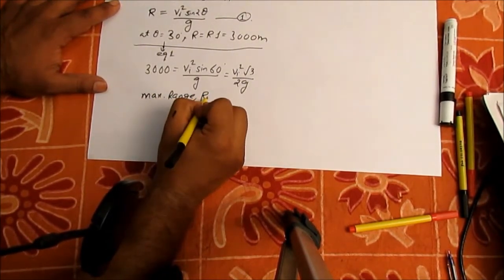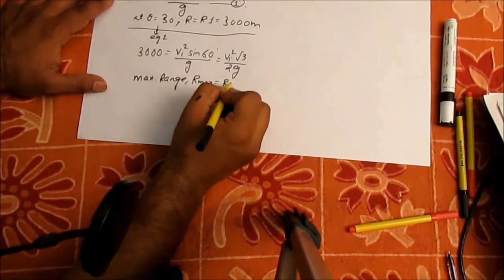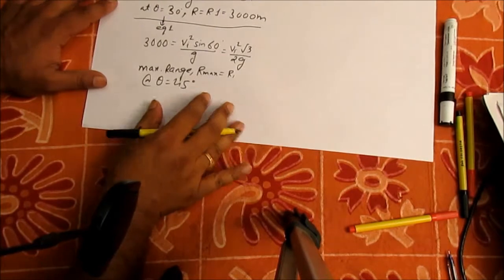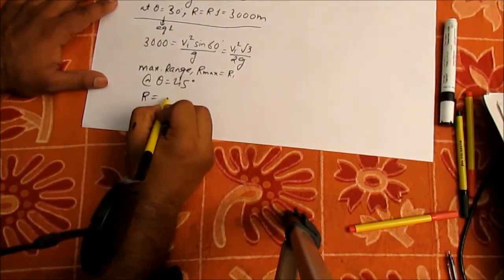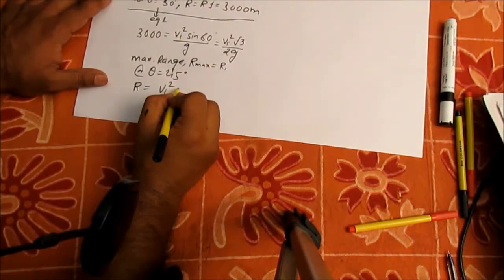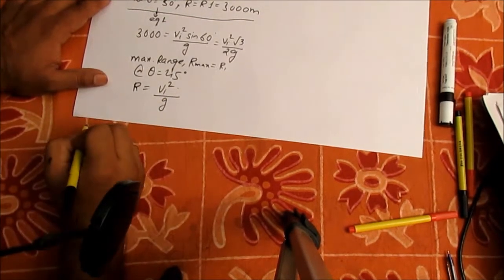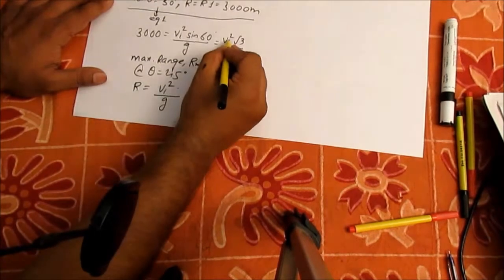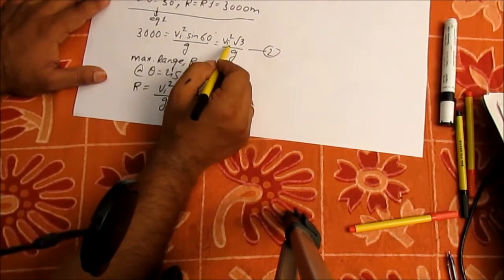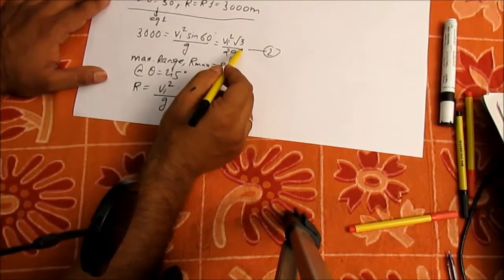When R max is equal to R at theta equal to 45 degree, R is equal to Vi square sin 90 degree, which is 1, divided by g.